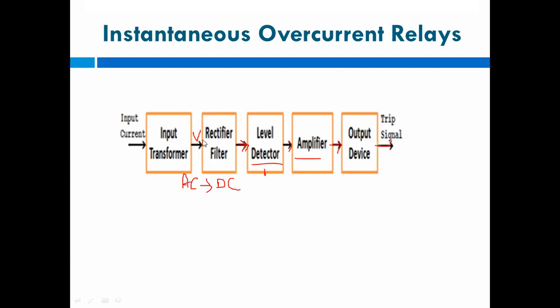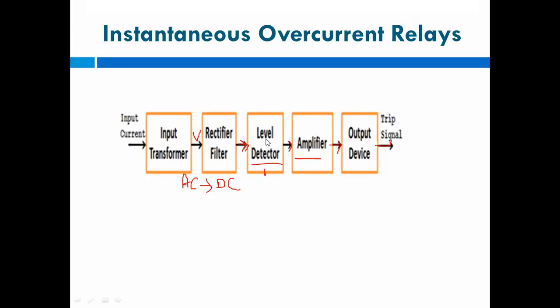So the input current, input transformer, is there. This is the instantaneous overcurrent relay. Input current, input transformer, rectifier, filter, then level detector, amplifier, and output device.